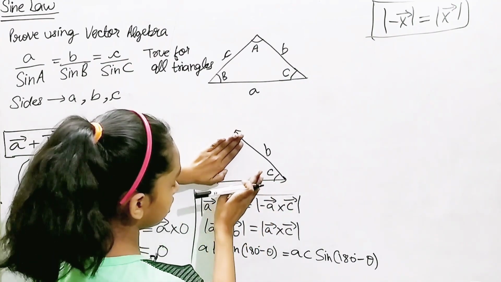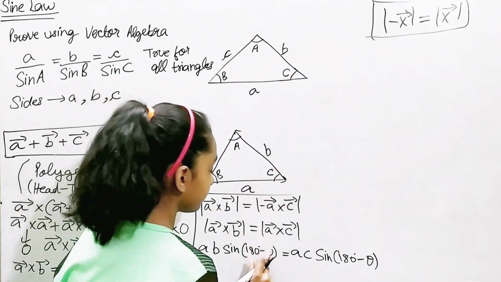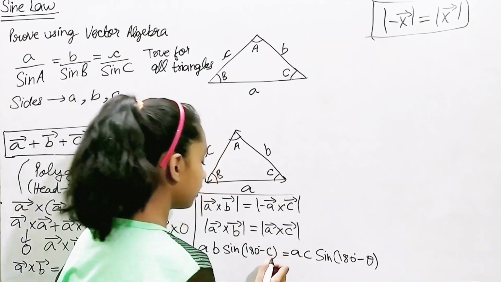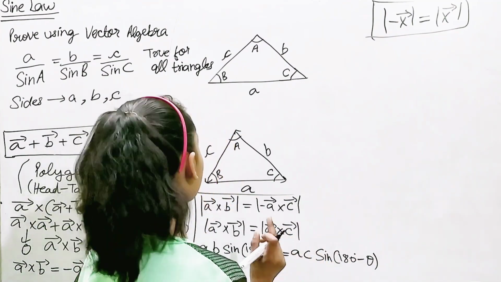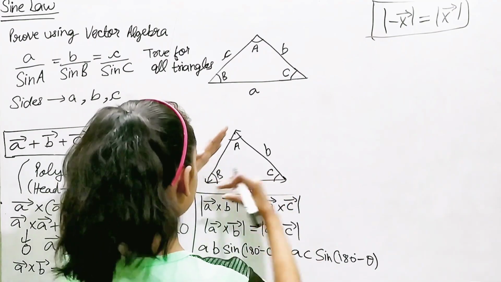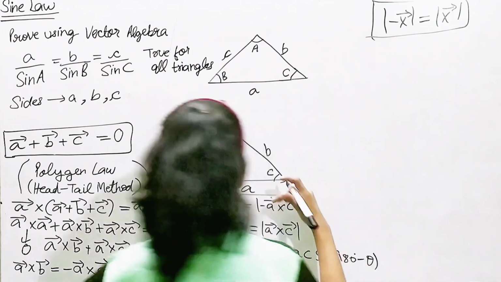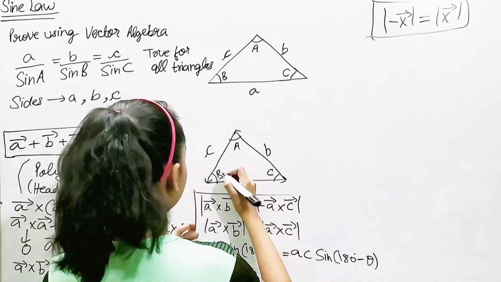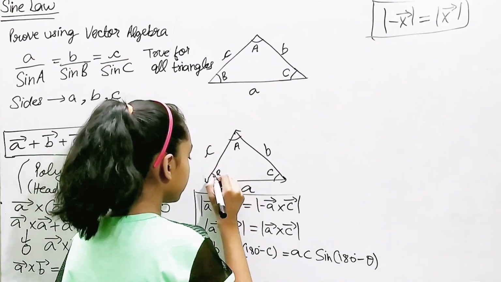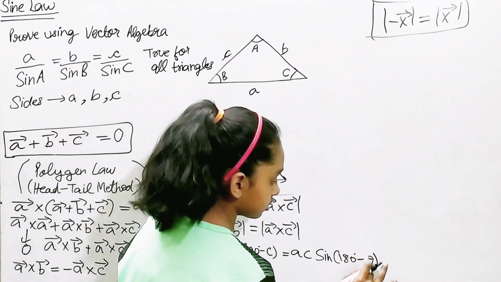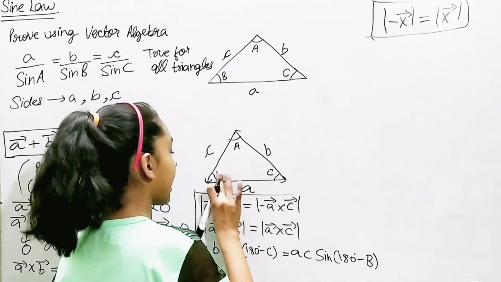So I'm going to put C here. Now what will be our theta on the right hand side? Let us see AC. AC is like this. Now forget about this one. So A and C, and you can see that our capital B will be our theta. So I'm going to draw theta and write capital B. Okay, is it clear?